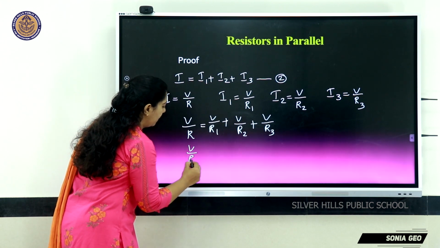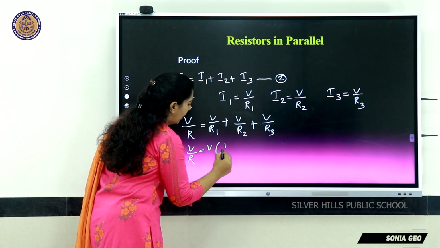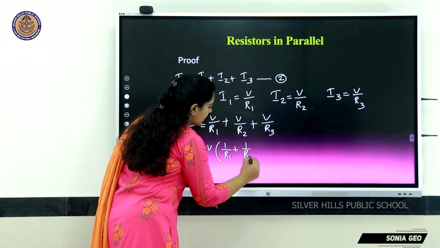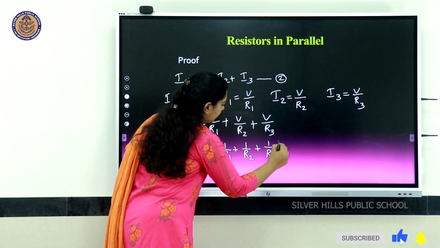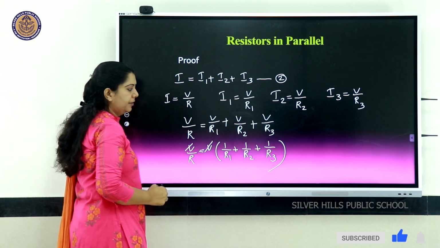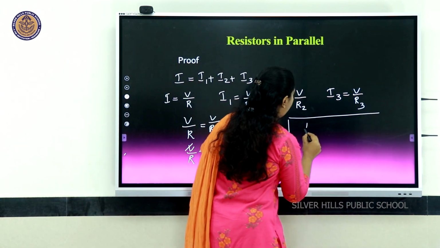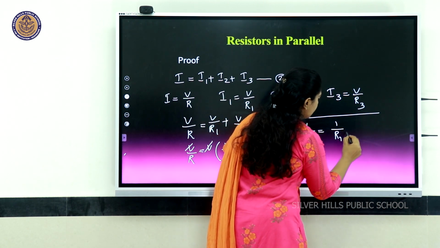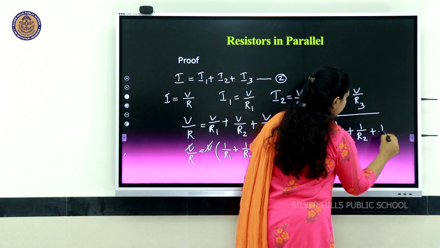We can write V by R is equal to V into 1 by R1 plus 1 by R2 plus 1 by R3. V cancelled. Finally, we can write 1 by R is equal to 1 by R1 plus 1 by R2 plus 1 by R3.